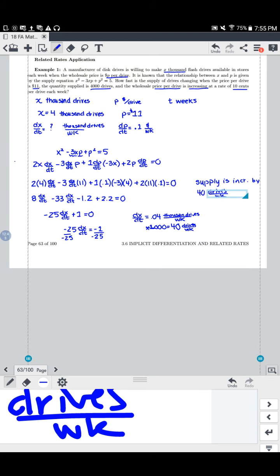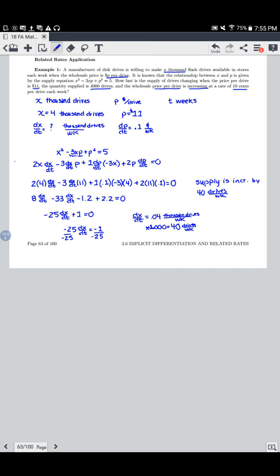I'd write that full sentence out if we wanted to. The main thing we want to pick up out of this is the supply is increasing because they have a positive derivative. It's increasing by 40 drives per week, which makes sense. As we increase our price, we'll have more supply kind of left over.